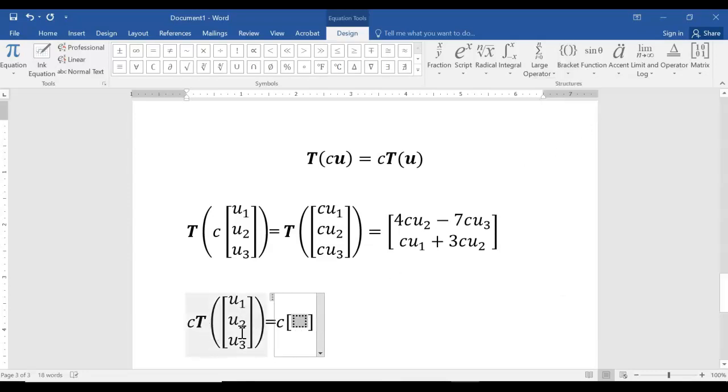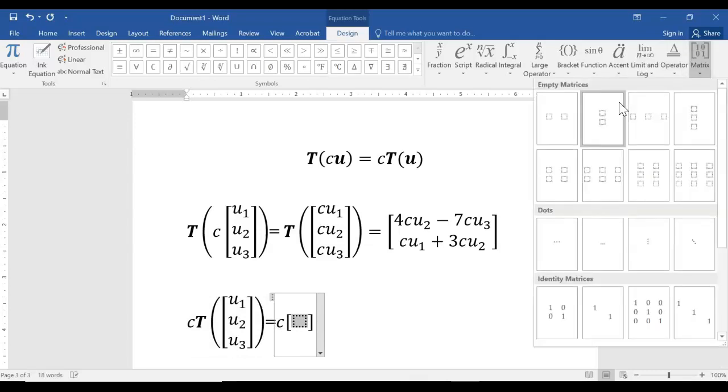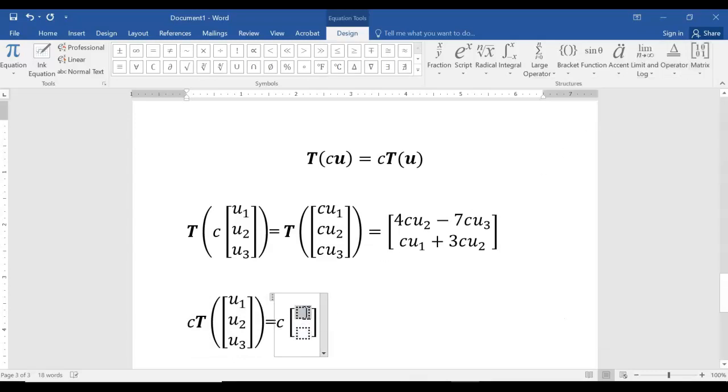Well, when you take the transformation first, my first entry of the image is going to be 4 times u2, 4 times the second entry, minus 7 times the third entry. Then I take the first entry and add 3 times the second entry.